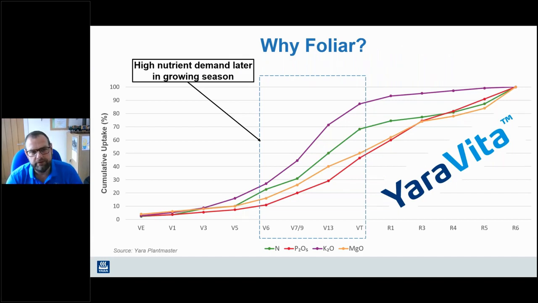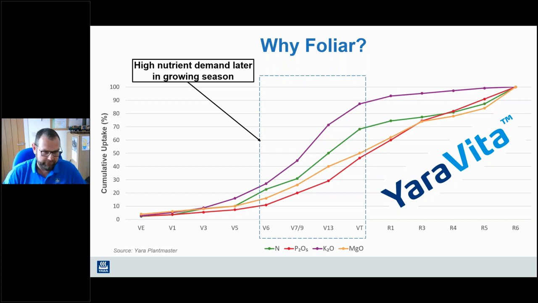When we look at foliar applications on maize, the reason why it works so well is because there is a big demand later in the season. We've already applied our fertilizer early, because physically we cannot get through the crop at that stage, either with a spinning disc spreader, because we wouldn't get a spread pattern, or if we use traditional liquid fertilizer late, we have a massive scorch risk.